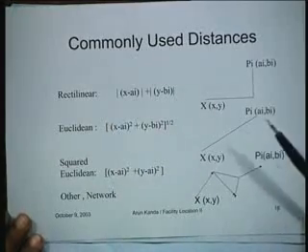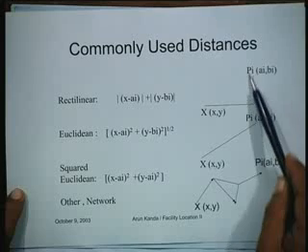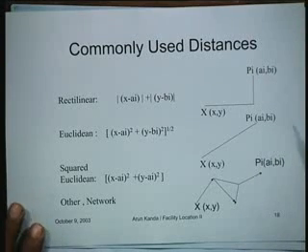Now you must understand that there are a large number of situations in real life where the rectilinear distance would be the appropriate one to consider. For instance, all movements within a factory are generally rectilinear, because on the shop floor you can typically move along a set of perpendicular aisles. So if a worker has to go from one place to the other, he has to take the perpendicular route this way, and then this way, and that's the rectilinear distance.